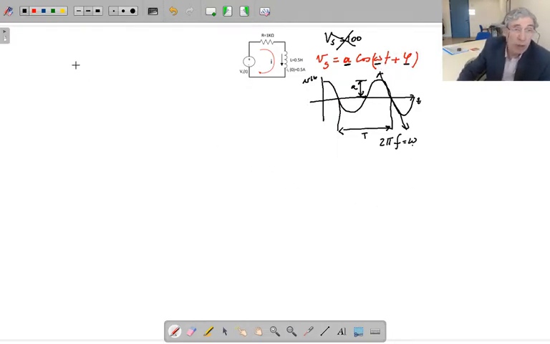The differential equation that represents the behavior of this circuit is this: dIL over dt, that is the inductor's current, is equal to minus R over L IL plus 1 over L times Vs.